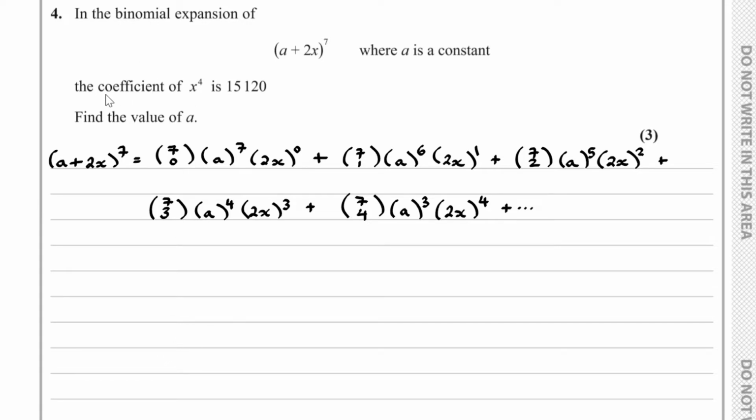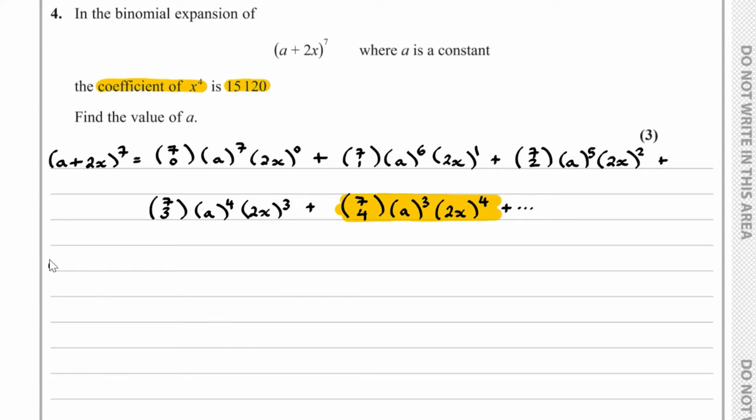We need to consider the coefficient of x to the 4, and the coefficient of x to the 4 can be obtained using this term over here. And we know that the coefficient of x to the 4, that's 15120.